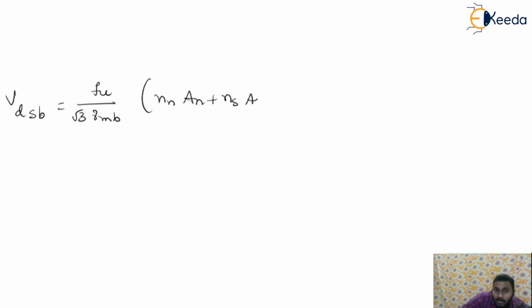Okay, in the discussion of the design shear strength of the bolt, that is VDSB, we have seen one formula: FU by root 3 gamma MB into (NN AN plus NS AS) into beta LG, beta LJ and beta PKG.